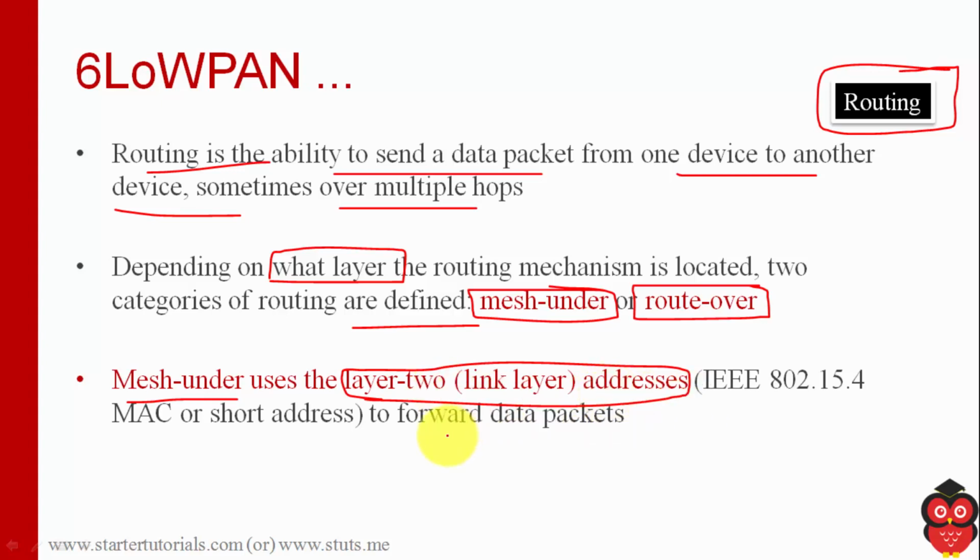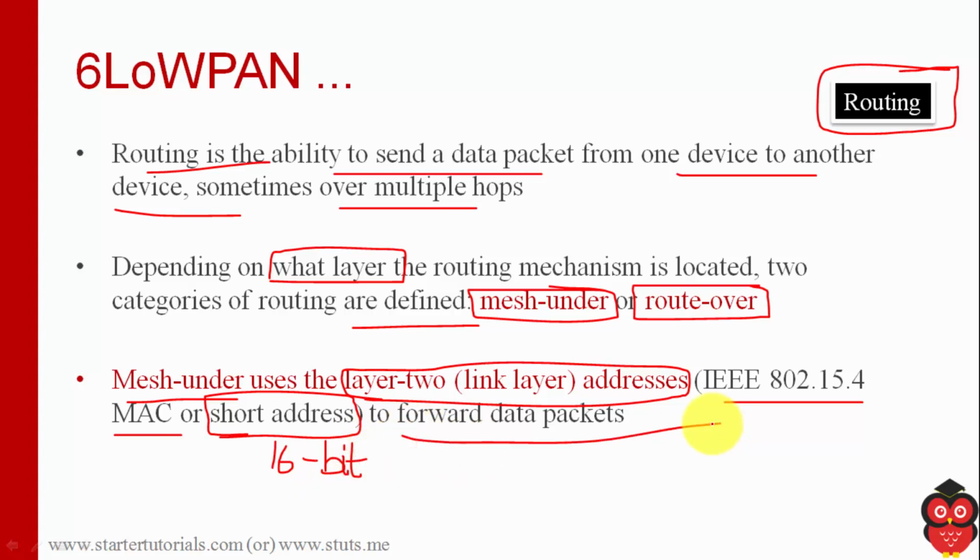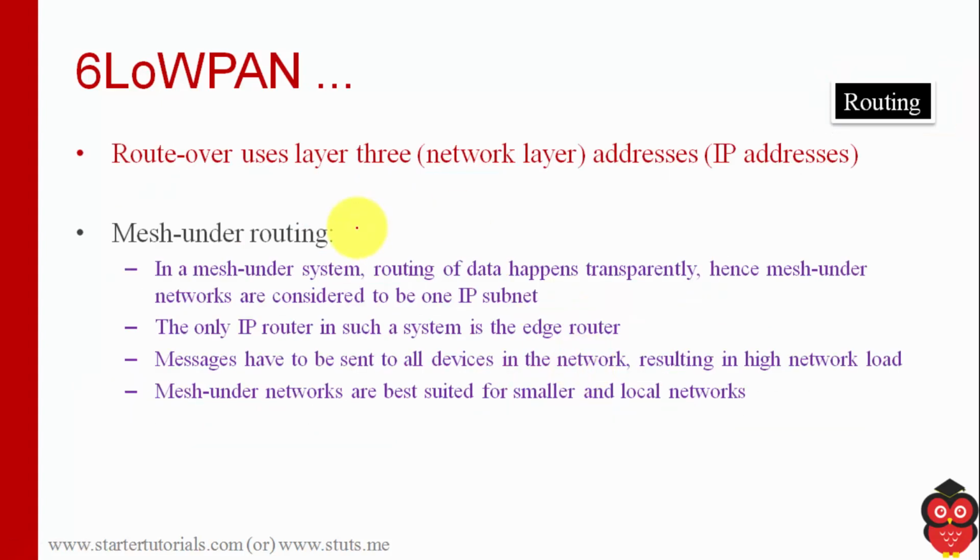At the link layer, the technology we are assuming is IEEE 802.15.4. We will use those MAC addresses or the short addresses, also called short address. In the yesterday session I told you 16-bit addresses are there, right? So that address will be used for forwarding data packets. That is mesh under routing.